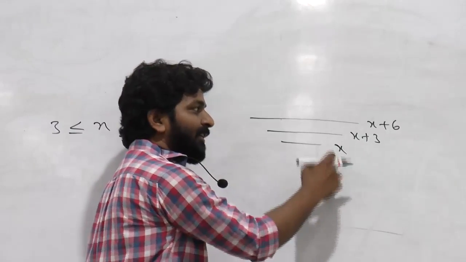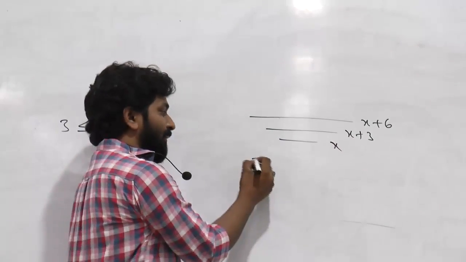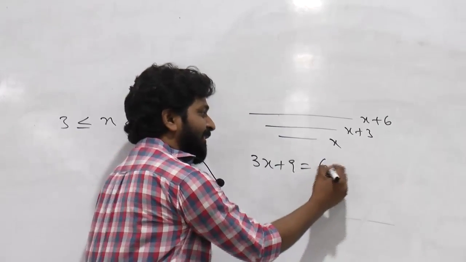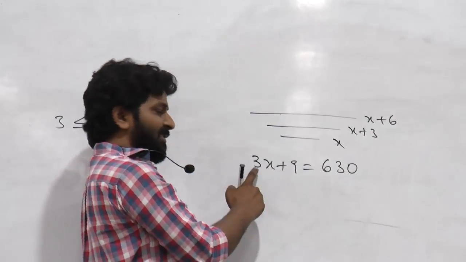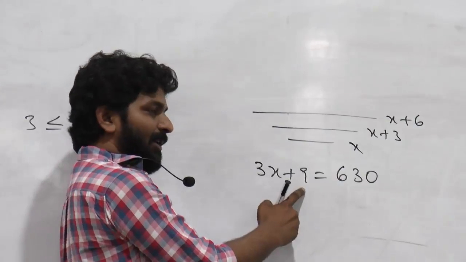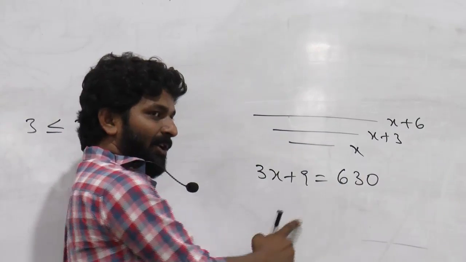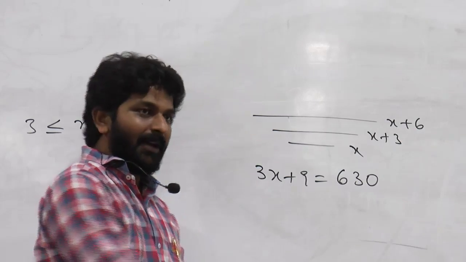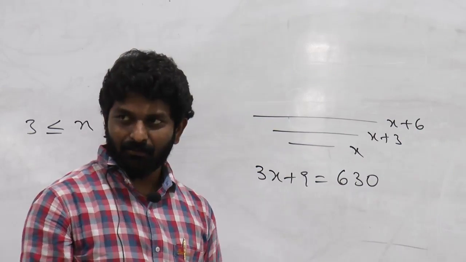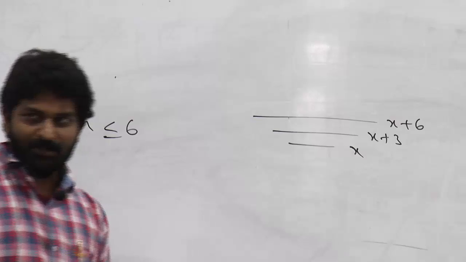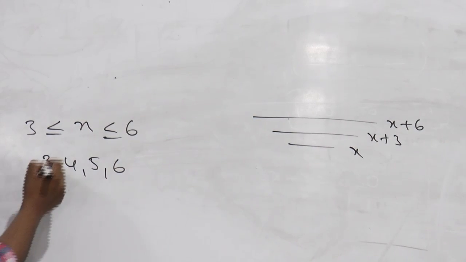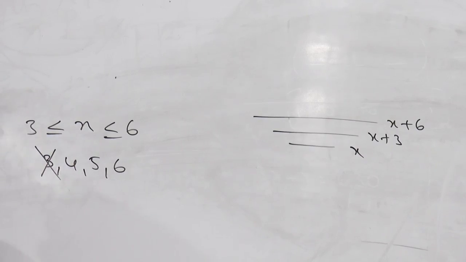So how many students do you have? 3x plus 9, which can be 630. This is a multiple of 3, this is a multiple of 3, this is a multiple of 3. You will get a perfect number for x. Yes or no? So 3 is possible. Possible numbers are 3, 4, 5, 6. So 3 is possible. This cannot be your answer.